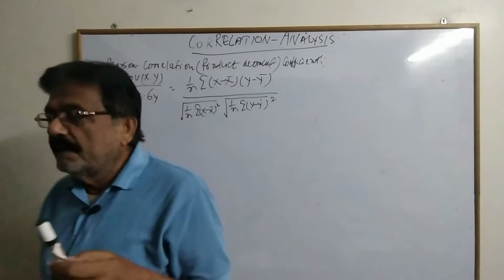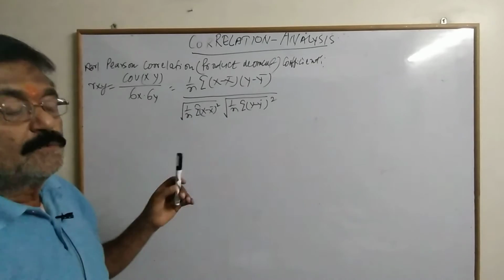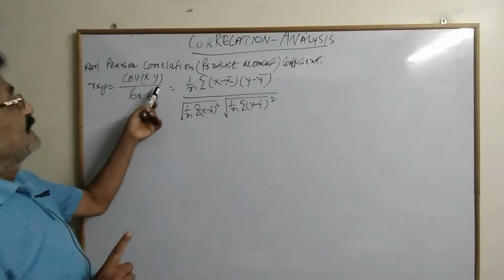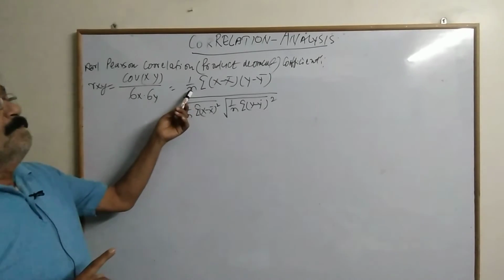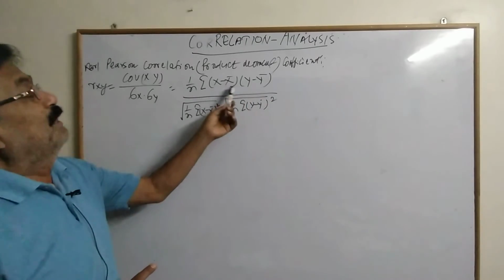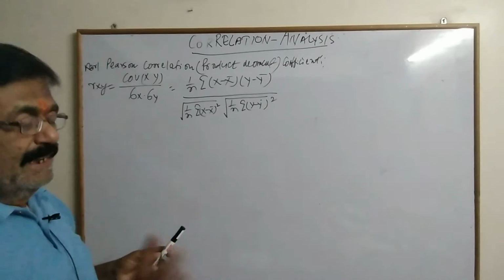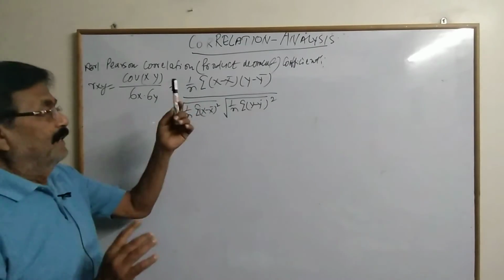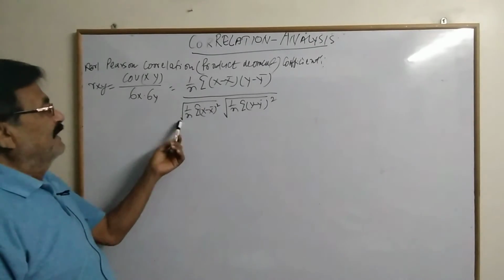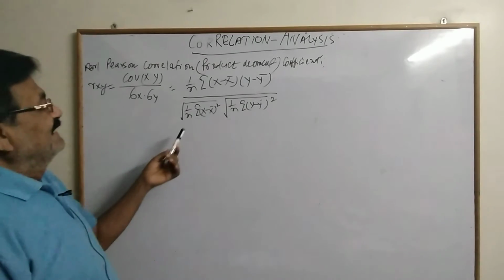The covariance between x and y is defined as the arithmetic mean of the sum of the products of deviations of x and y from their own means, that is, x bar and y bar. This is the covariance. This is the standard deviation of x, and this is the standard deviation of y.